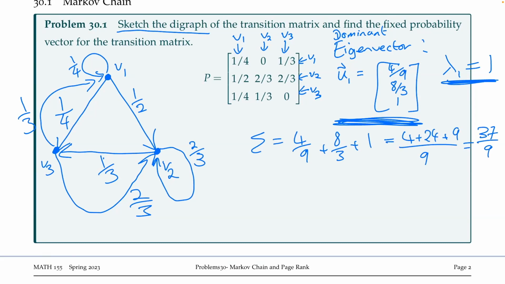This is called normalization, what we're doing here. And then we're going to turn this into a new fixed probability vector by dividing by that sum.